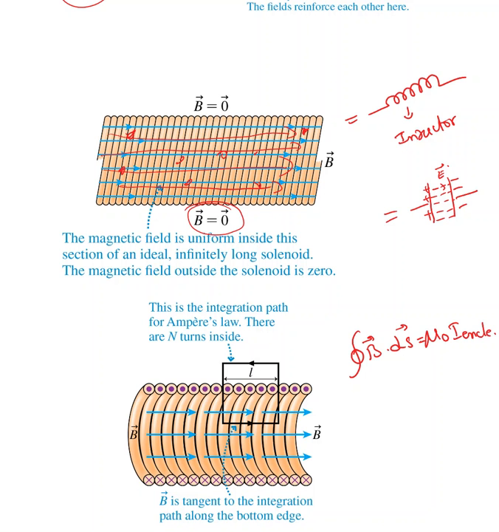What is ds? Here I'm going to find the closed integral around this closed loop, and ds is the smallest distance. I'm trying to find the magnetic field strength produced by these conductors.